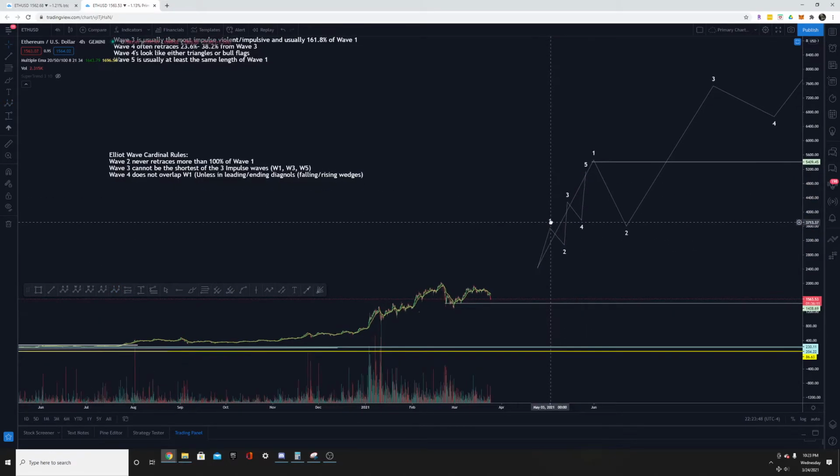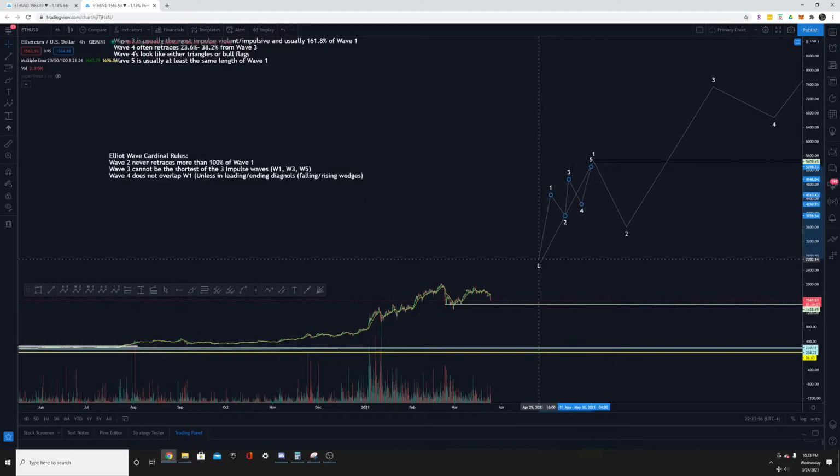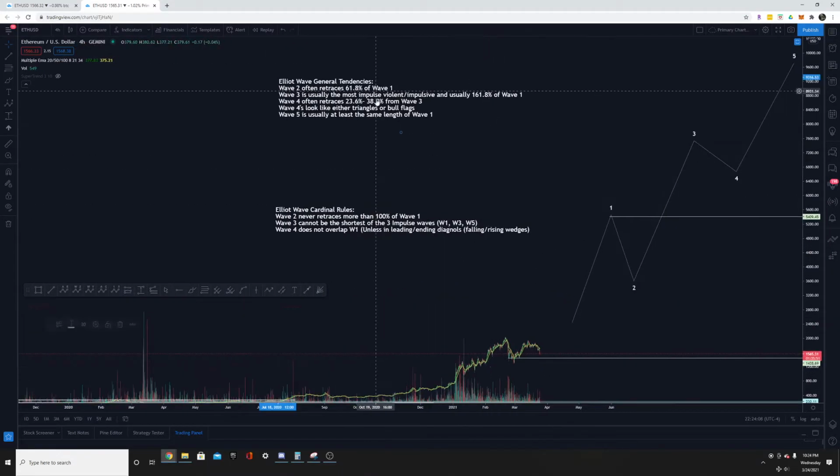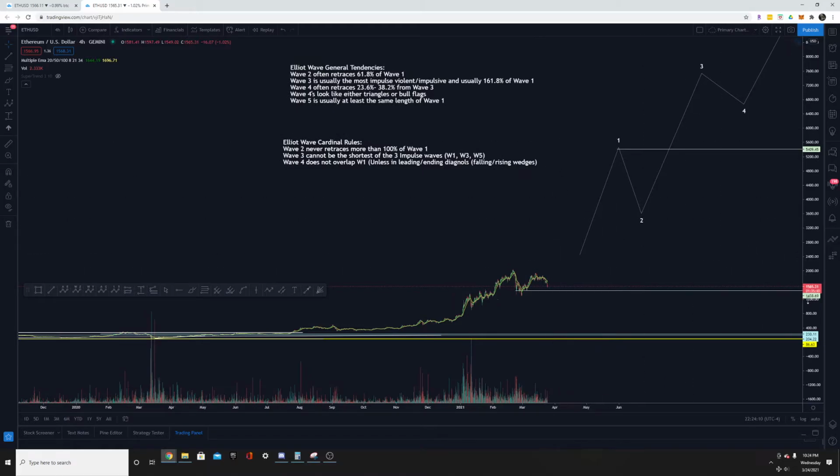That's a leading diagonal for a wave 1. So that's the only time wave 4 can come in and intersect with wave 1. That was a very poor drawing, but you get the gist. Also to note, wave 2s can never be triangles. So just remember that. So that's the basic premise of Elliott Wave.